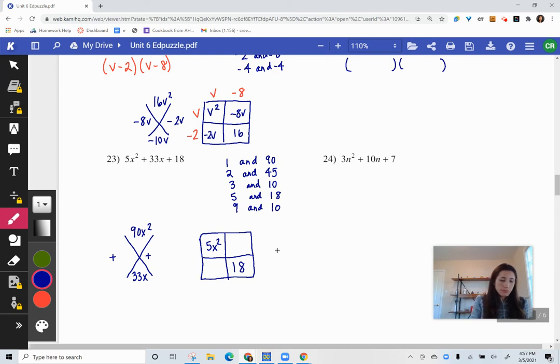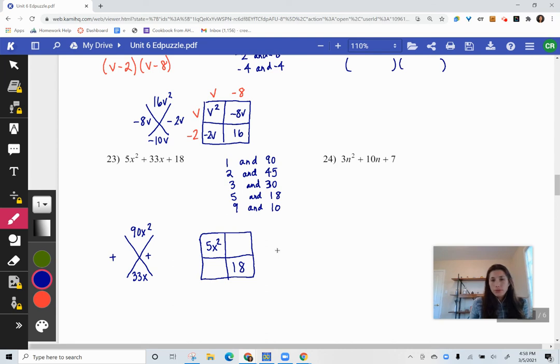Oops, that doesn't work. Oh, hello, 30 and 3. Oh, that's because I wrote 3 and 10 here. I was wondering, there's got to be other factors. 3 and 30. Keeping me on my toes here.